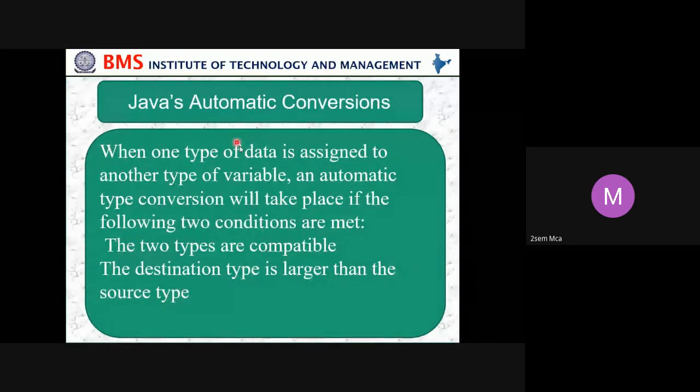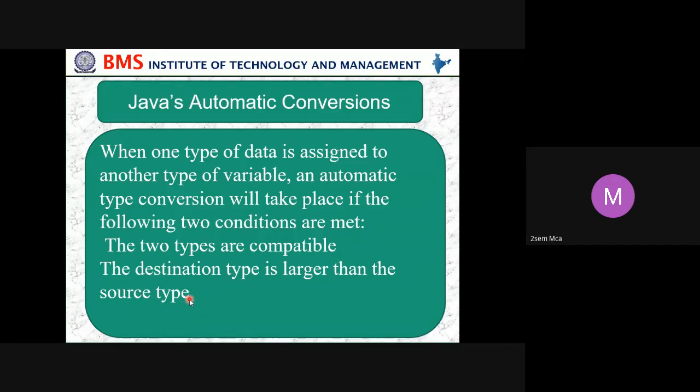So then how are the Java automatic conversions done? When one type of data is assigned to another type of data, an automatic type conversion will take place if the following two conditions are met. The two types are compatible. The destination type is larger than the source type. So when will Java automatically convert? When both the data types are compatible, then it will be stored.